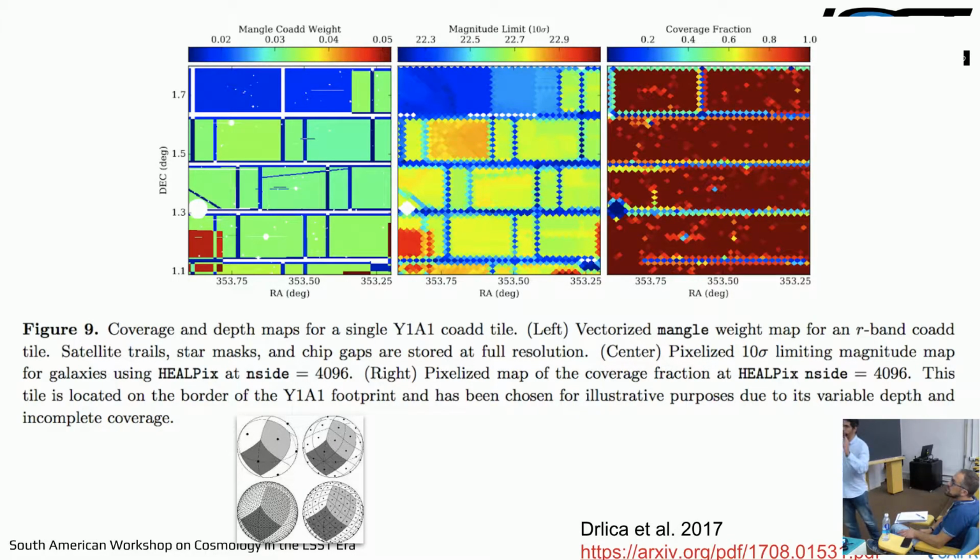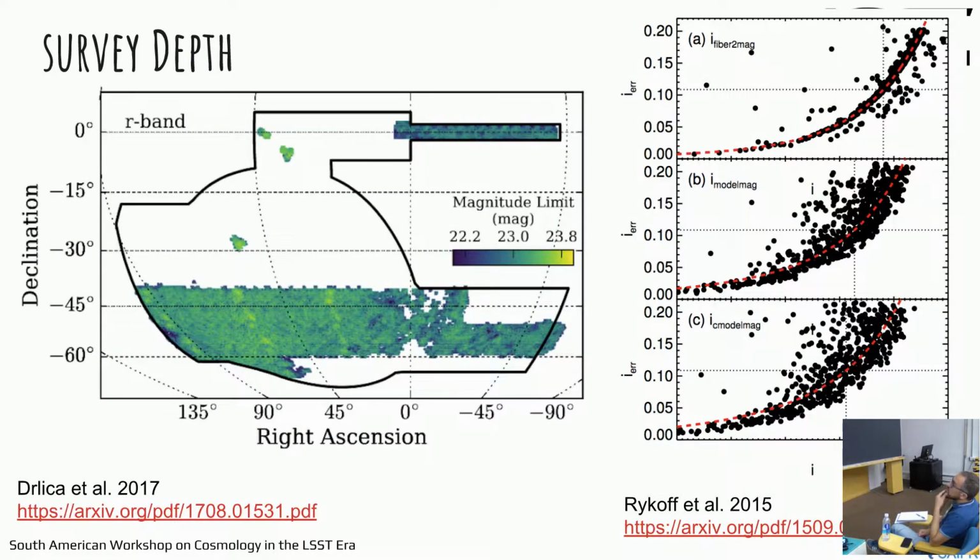You can have different sizes of the pixels. These are equal area pixels. And so you can translate these observational properties across the footprint into maps and put them into your analysis, right? So just an example of a map of the survey depth measured for galaxies, right?